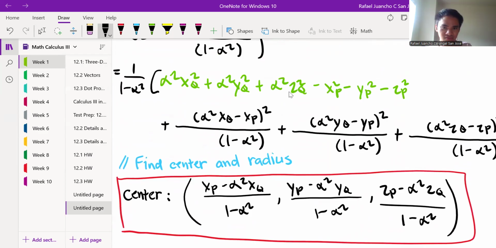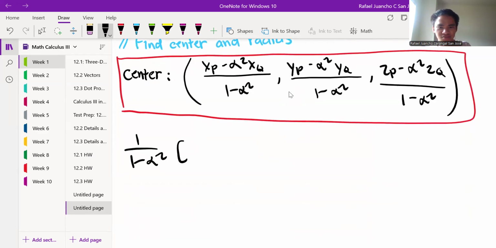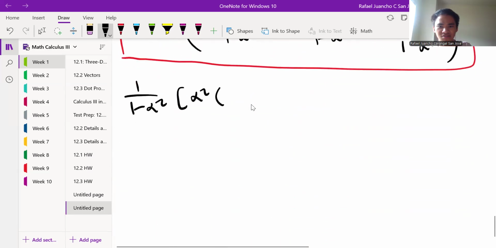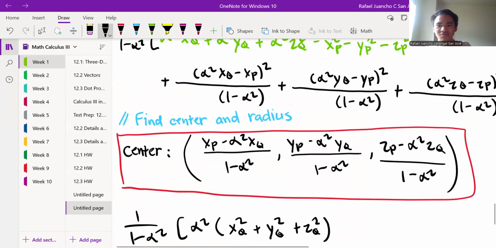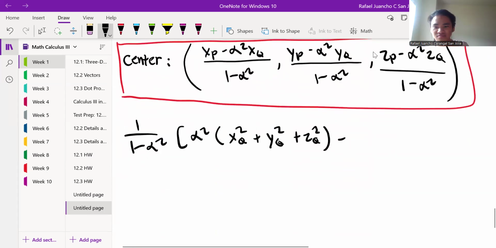We can factor out the alpha squared here. And here we have xq squared plus yq squared plus zq squared. And then we subtract xp squared plus yp squared plus zp squared.